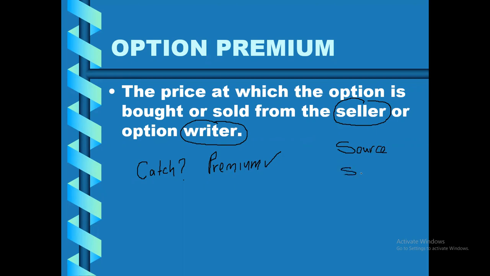The source is called an option seller or an option writer. So this originator of an option, he asks for money. So this right is not for free, you pay. And the amount of money that you pay is called a premium.